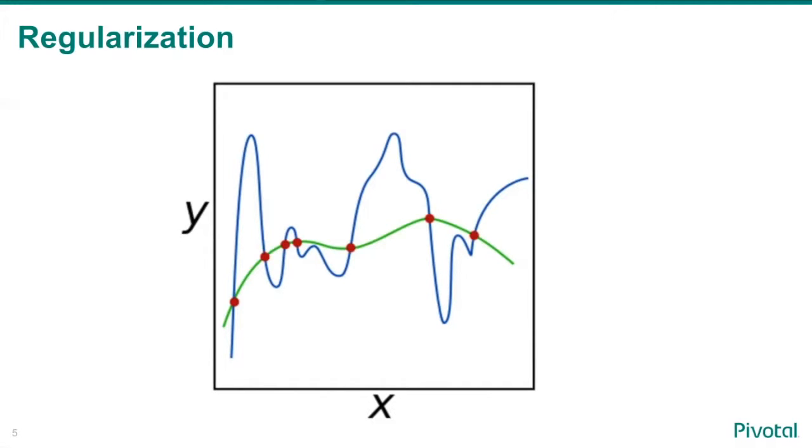So the idea of regularization is to mathematically introduce additional loss terms into your model such that it prevents overfitting. It sort of penalizes the power of the polynomial or the power of the machine learning in order to reduce the chance of overfitting.